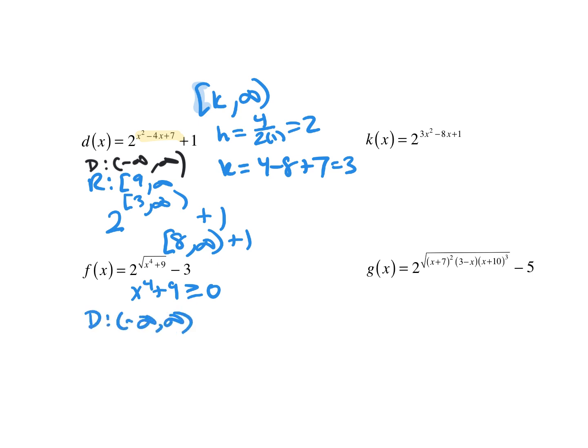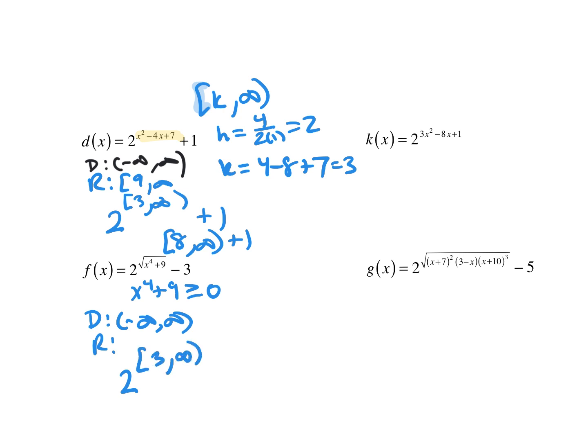And then I do my analysis of the range. I see that I've got the base 2. For inside the square root, x to the 4th can be 0 to infinity, so inside the square root could be 9 to infinity. That means when it comes out of the square root, it's 3 to infinity.